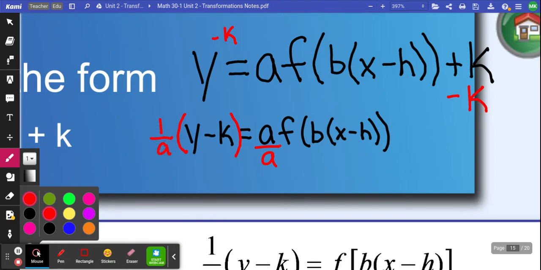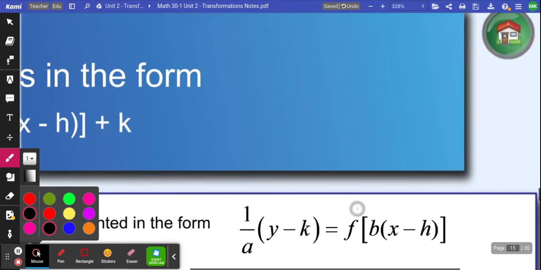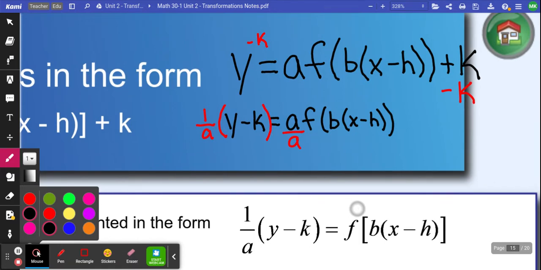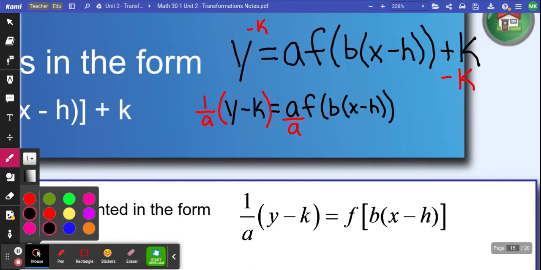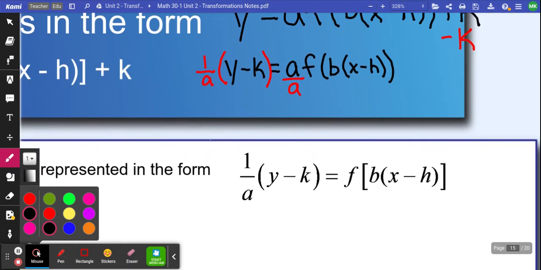That's the same thing as dividing by a, multiplying by 1 over a. Why can't you just divide it on this side? Because then k wouldn't be k anymore. K would become k divided by a, and it wouldn't be what you want it to be anymore. But now k is becoming k times 1 divided by a if you were to multiply it in, but we're not multiplying it in. We're leaving it like this.